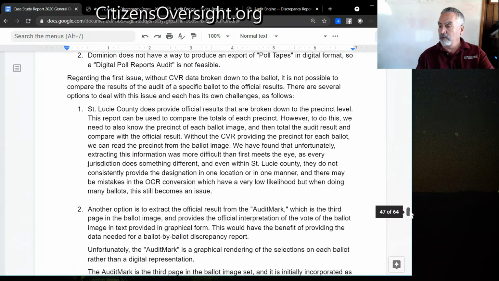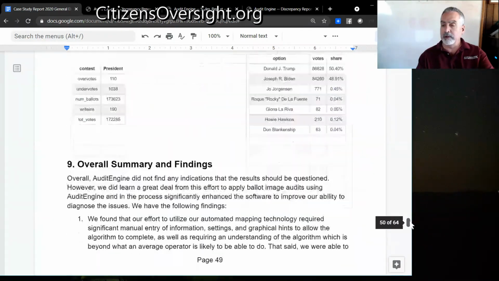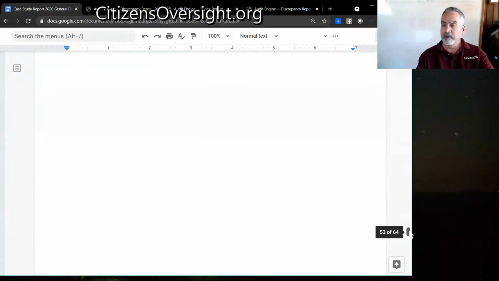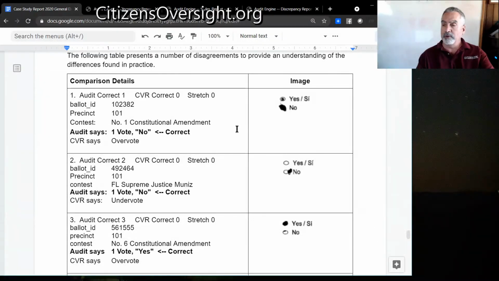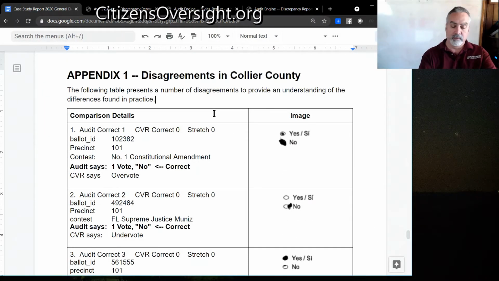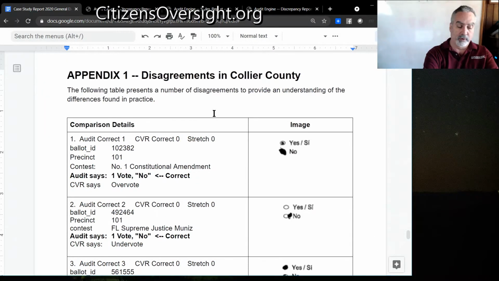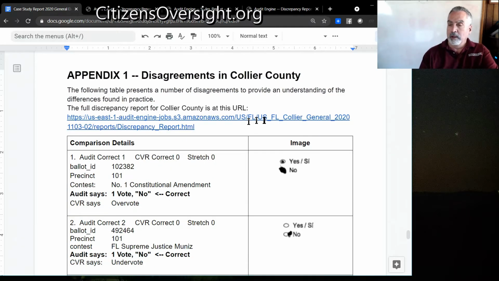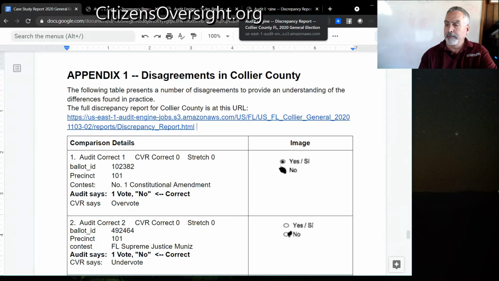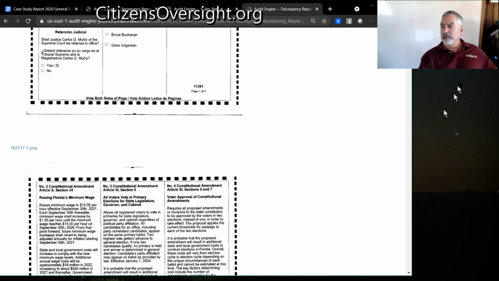And so we have this appendix down here which goes into detail, but I also want to put in this full discrepancy report right here. Okay, so we have that up here already, the discrepancy report for Collier County. And let's look at what that discrepancy report looks like.